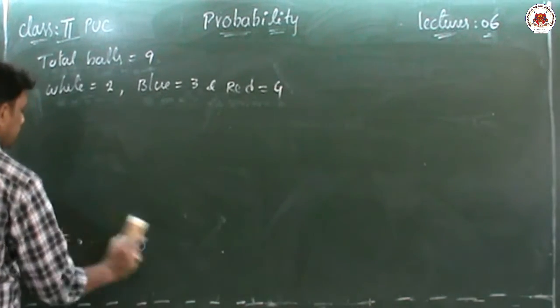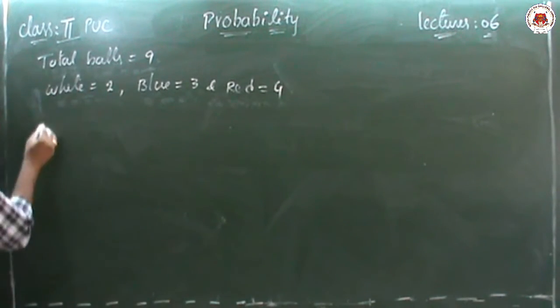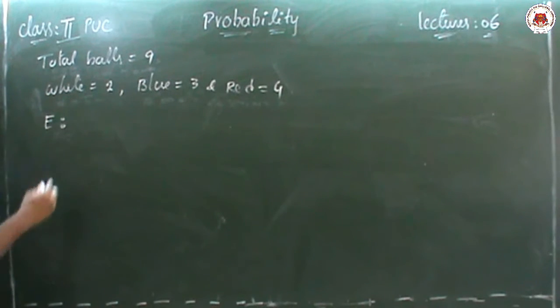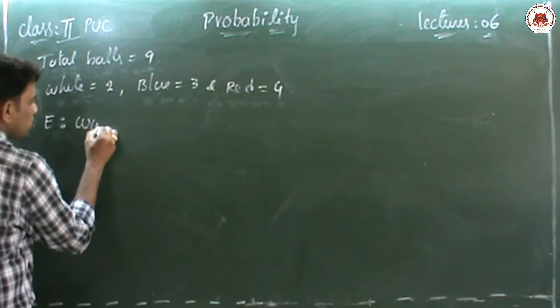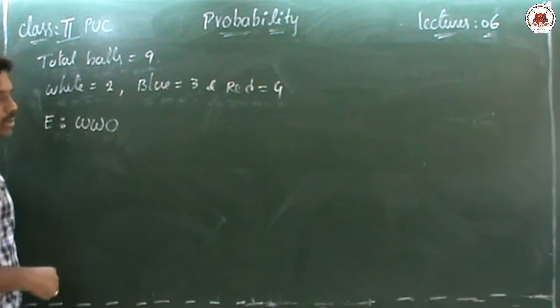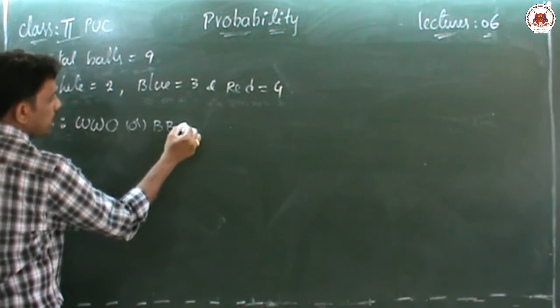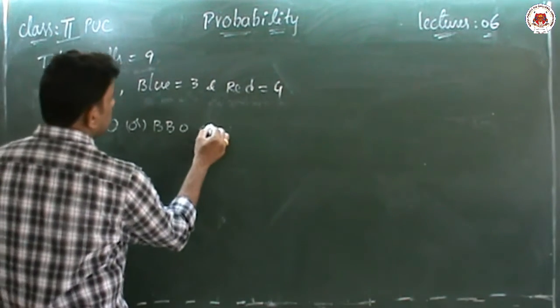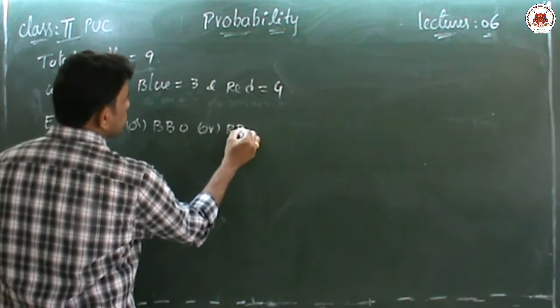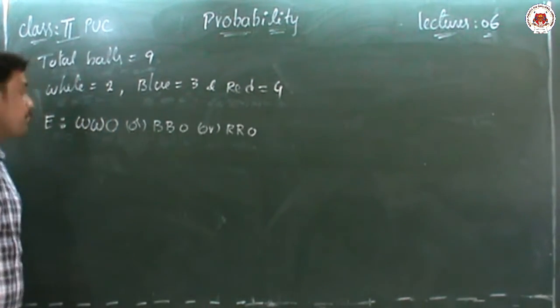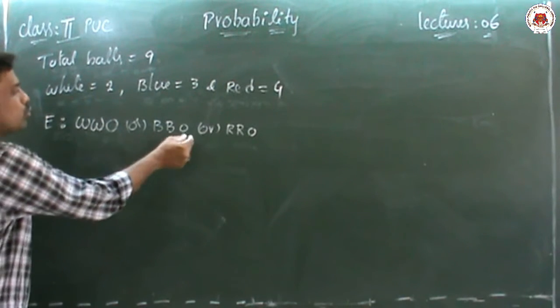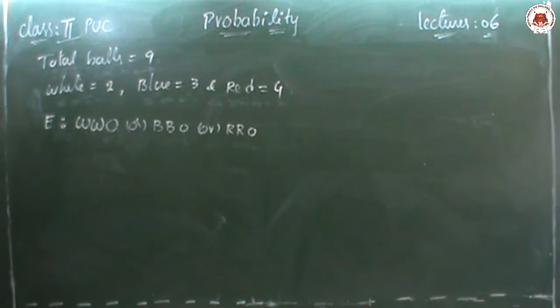He is going to take 3 balls in total, but 2 are the same color. That means 2 white balls and 1 other, or 2 blue balls and 1 other color, or 2 red balls and 1 other. This is the meaning: 2 white, 1 other, or 2 blue, 1 other, or 2 red, 1 other.